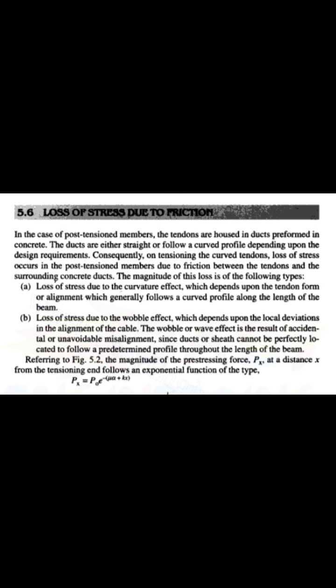The Hubble effect, also known as the wave effect, is the result of the accidental and unavoidable misalignment of the tendons, since the duct or the sheath cannot be perfectly located to follow the predetermined profile throughout the length of the beam, which is shown in this figure.